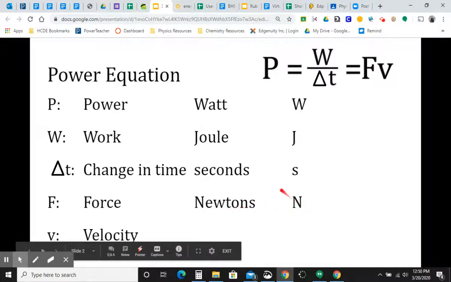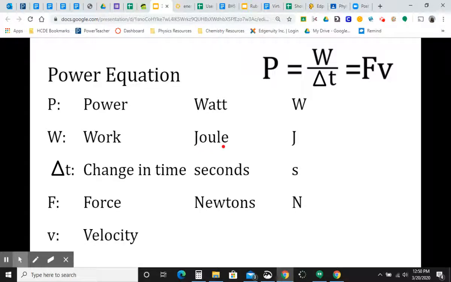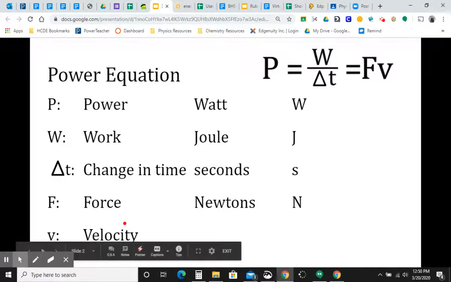We use an N for that. I should also mention that Joule was a scientist. I forget the first name, but anyways, that's named after another scientist. And then velocity, our unit is going to be meters per second, and we abbreviate that with an M divided by S.